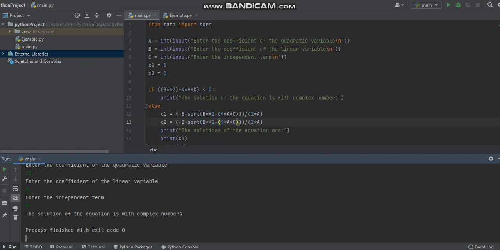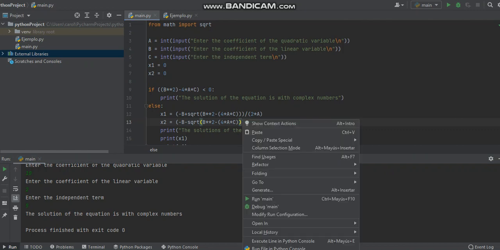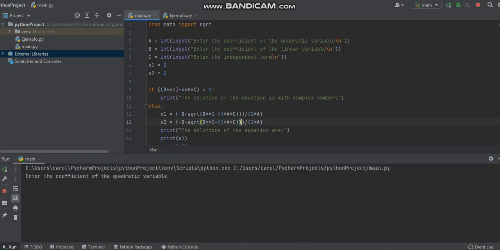If we, for example, put here, let's say 30, and then I say that here the variable exists, and the independent term is 10.